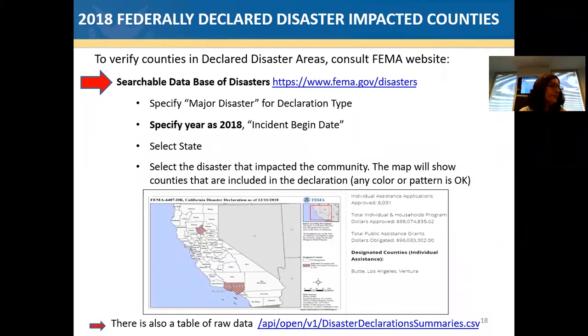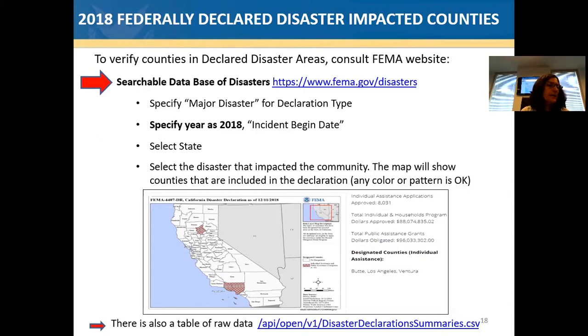So for example, we have reviewed before that only declared major disasters are eligible. There could be a few other types of disasters that are declared by FEMA, such as emergency declarations that happen before an event and at the early stages. We are looking for the major disaster declaration. So that needs to be highlighted.